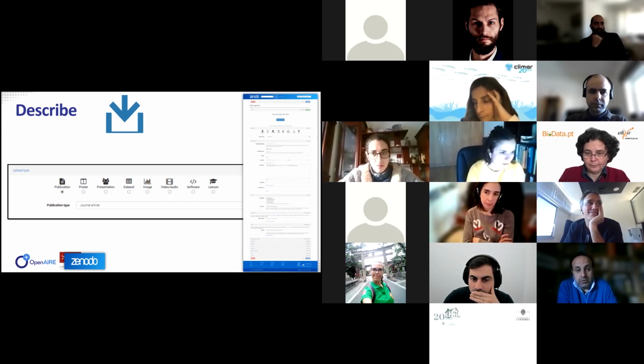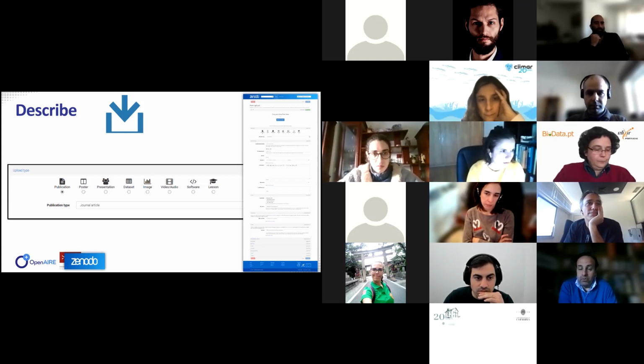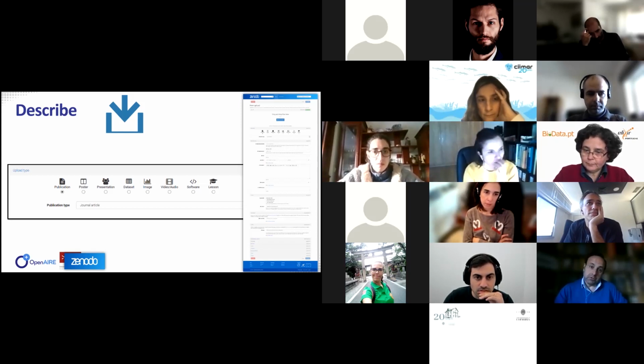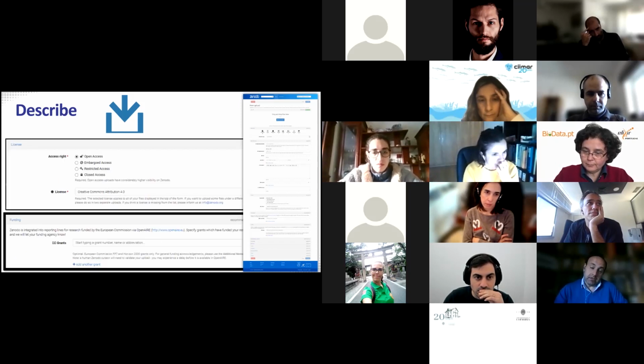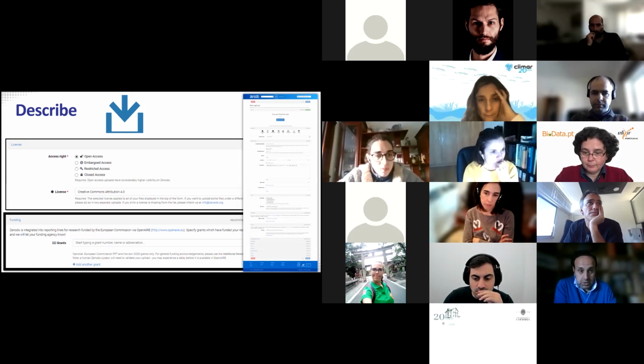You can describe and publish different kinds of research outputs, but I think for publications you are quite well served in Portugal, but for data I understand that no. But in institutions that can benefit from Biodata, you now have a new service that you want to use. In the description, I just want to highlight that it's quite easy to attach a license, which is interesting for FAIR, and also identify the access right.